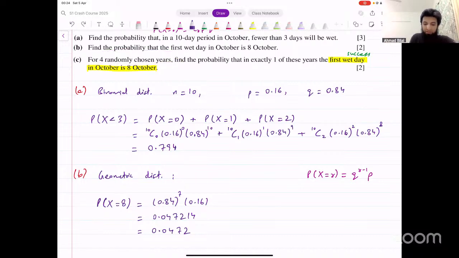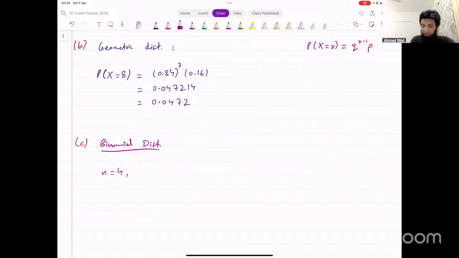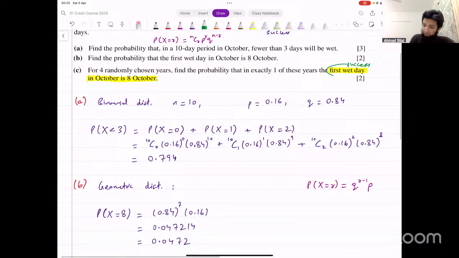4 years, right? So it's a binomial distribution. Out of 4 years, we want to find the probability of having exactly one success. So it's a binomial distribution with n equal to 4, and we are looking for the probability of having exactly one success. What about the probability of success and failure? This is the criteria for success.